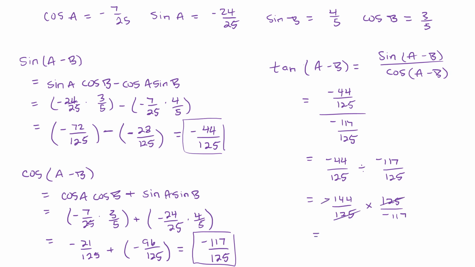The negatives become positive, leaving us with 44. I don't know why I put 144. Sorry about that. 44 over 117. And that is the tan of A minus B. Whew.